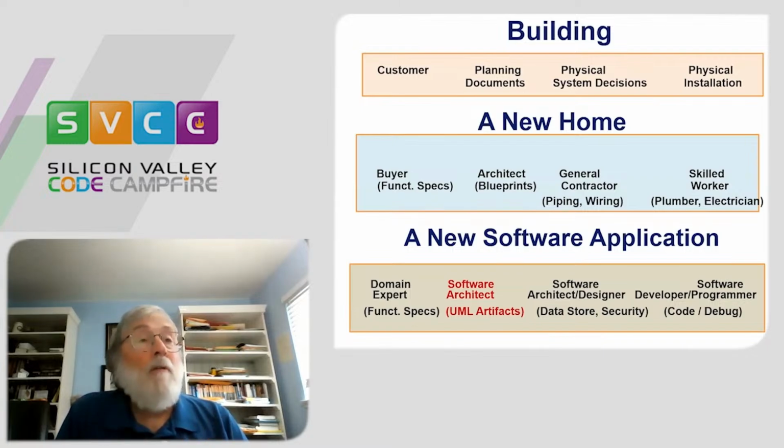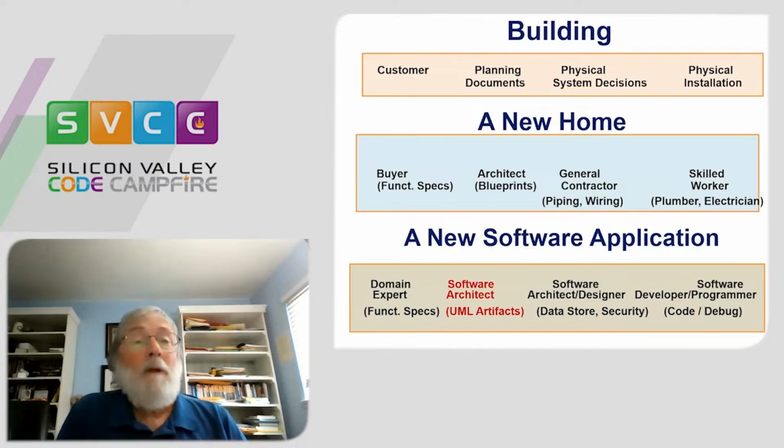And they have a set of functional specs, the things that the application needs to do. The software architect takes that functional spec and generates, instead of blueprints, a series of UML artifacts. That's Unified Modeling Language artifacts, which convey the thinking of the domain expert in a way that the developers can actually implement the vision of the domain expert.